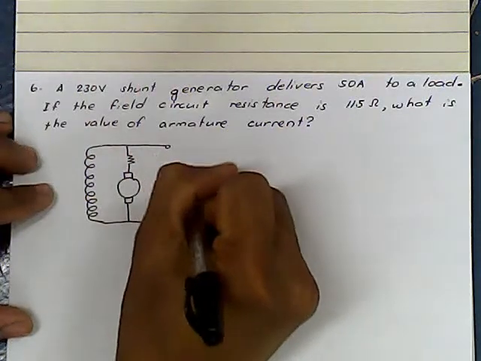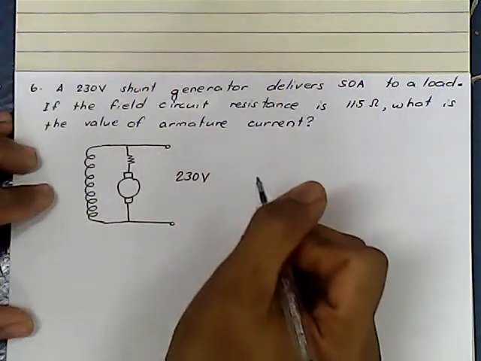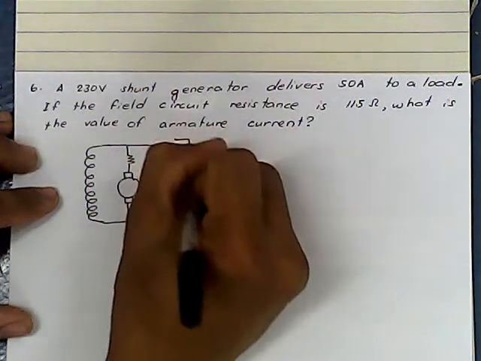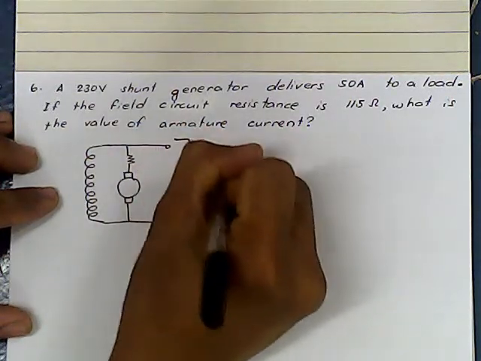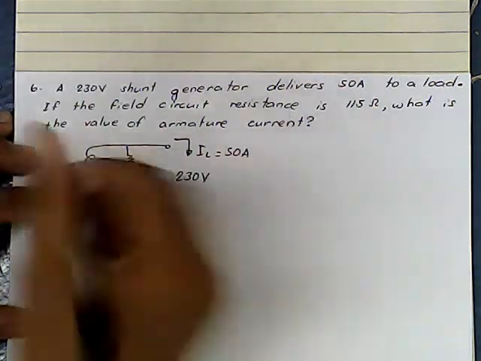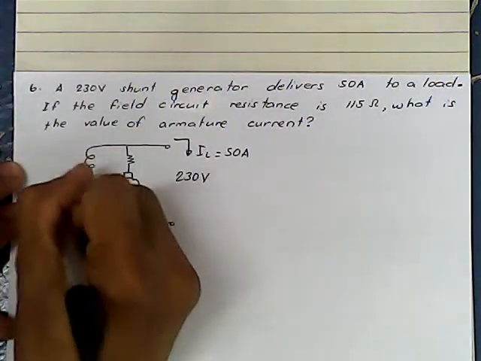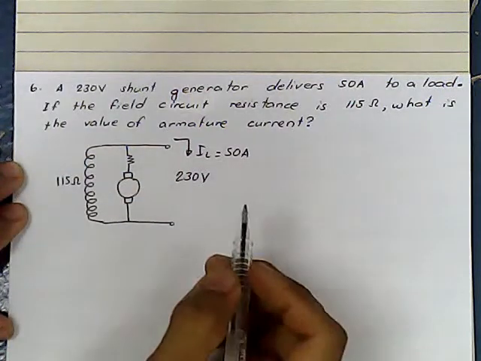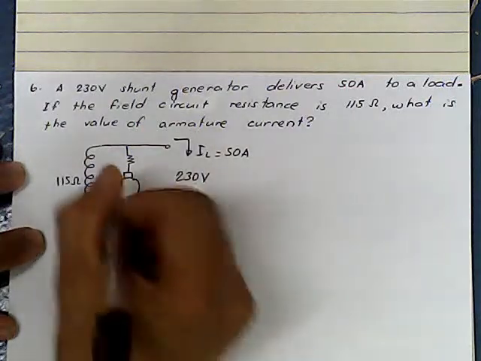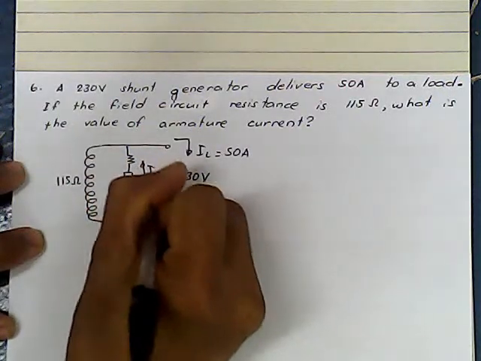We have the terminal voltage as 230, then our IL is equal to 50 amperes. Next, our RSH is 115 ohms. So what we are looking for again here is IA.